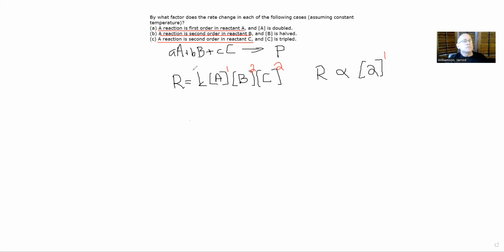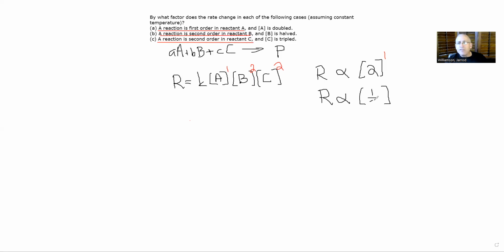Okay. So let's take a look at letter B. The reaction is second order in reactant B, and B is halved. So we're keeping everything else constant: the rate constant k, A, and C. The rate of the reaction is proportional to the concentration of B, and here we halved it.